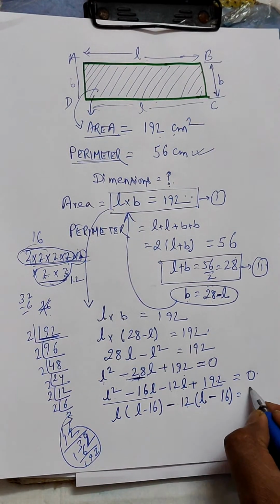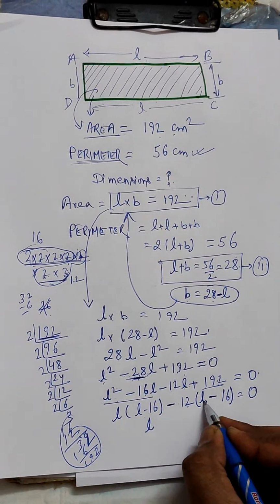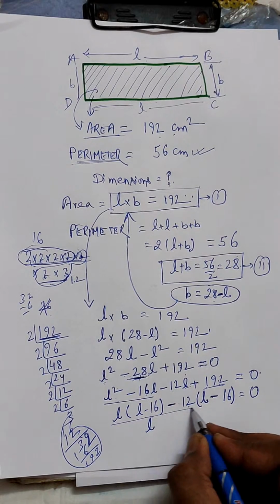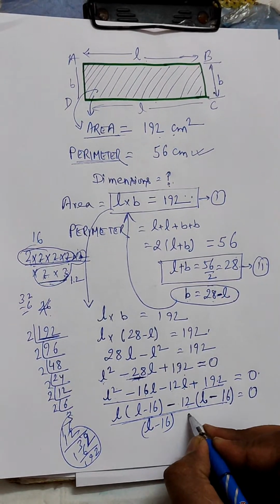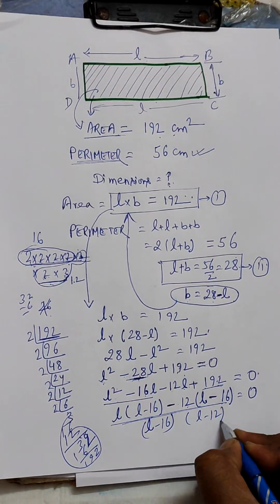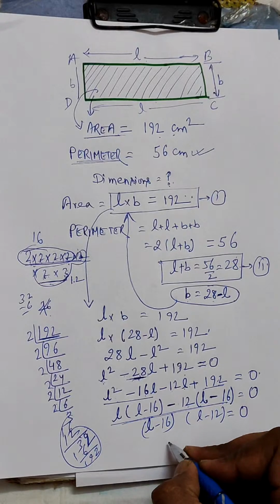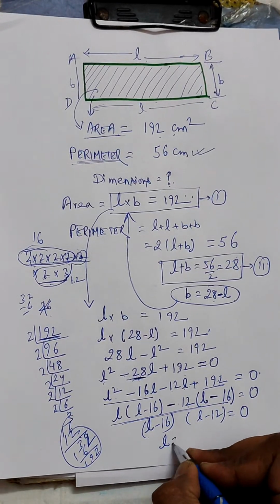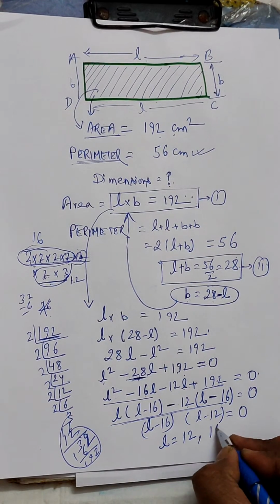From these two terms we can bring L minus 16 as common, and we are left with L minus 12, right? So the value of L from here is 12 or 16.